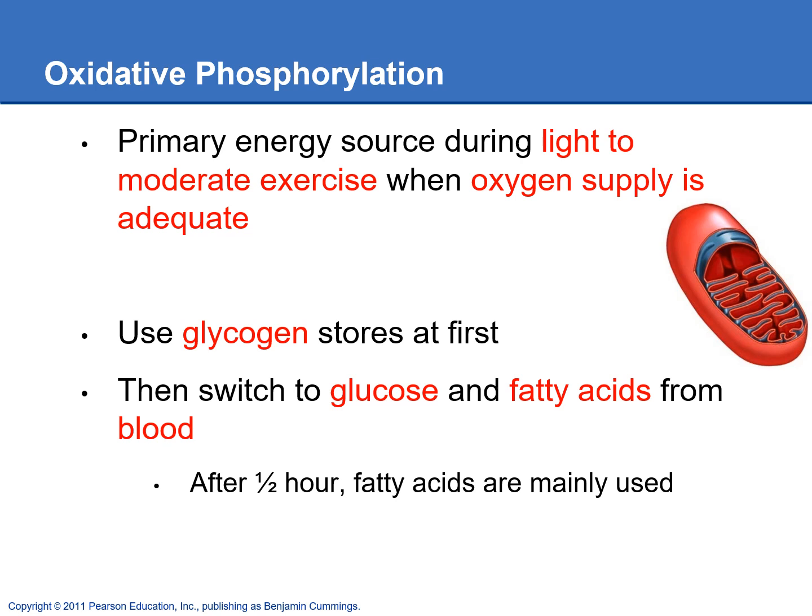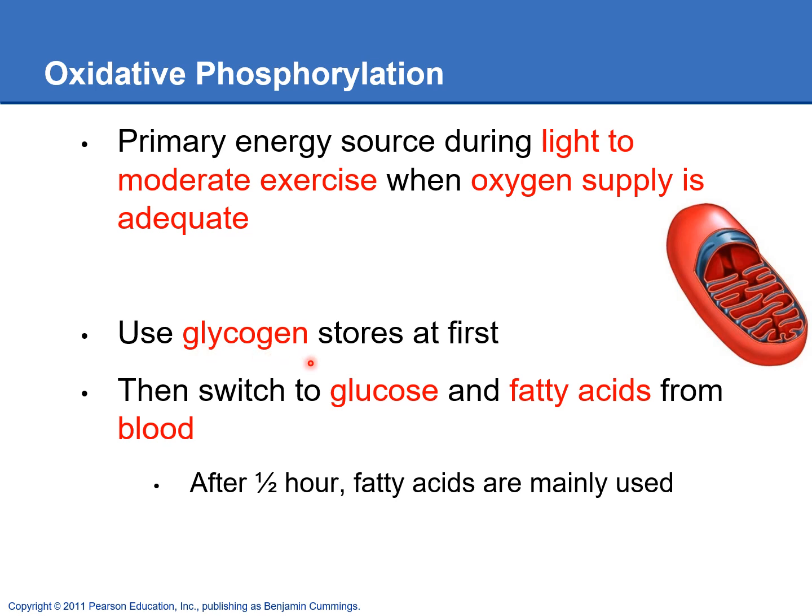And you're able to get enough blood to the muscle, enough oxygen there, and so you can use your mitochondria with the electron transport chain, and you can make lots of ATP this way. And as far as energy sources or nutrient sources to make the ATP, you're actually going to start with using your glycogen stores first.